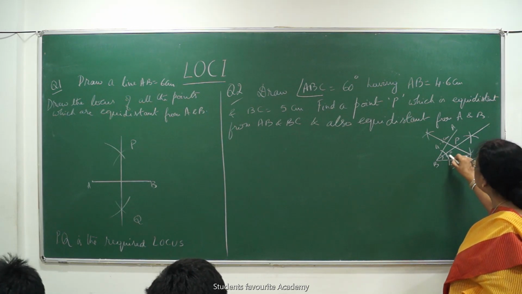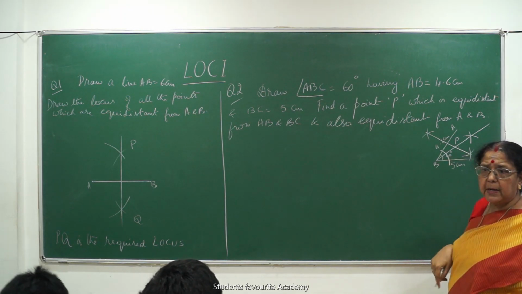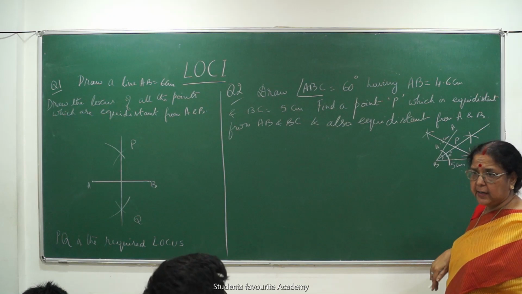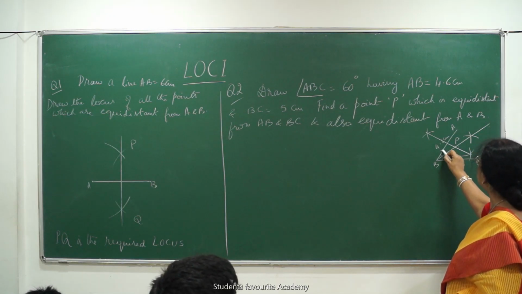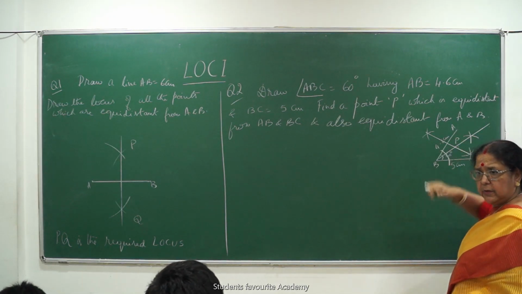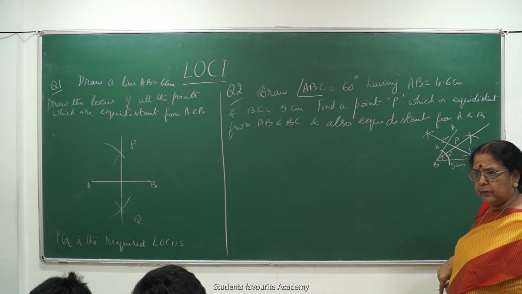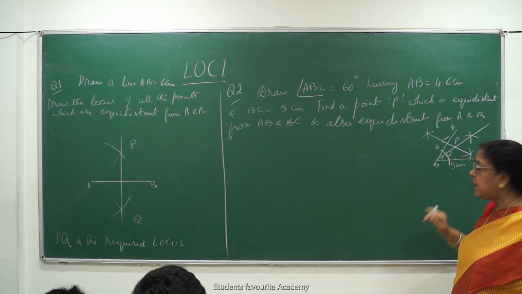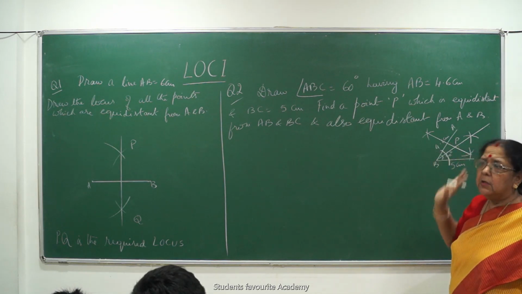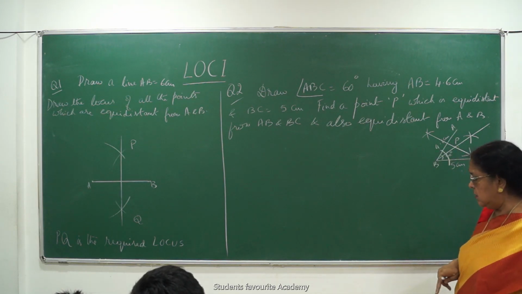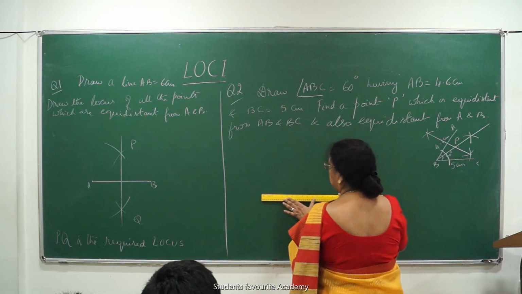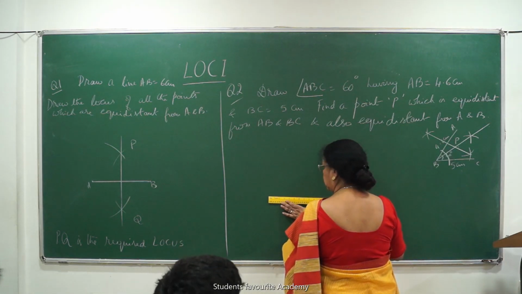This arc will be already drawn for you while making 60 degrees. So from these 2 points, you will draw these 2 arcs, taking a convenient radius. Take big radii, so the diagram will be complete. So BC 5 centimeter you draw.